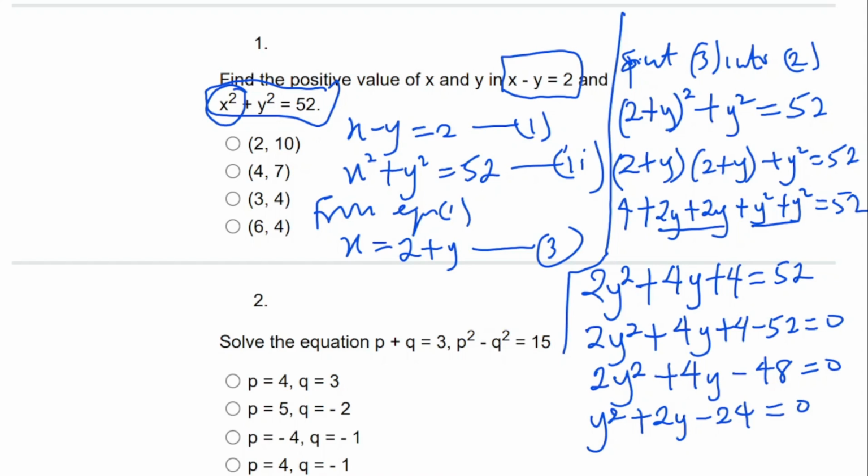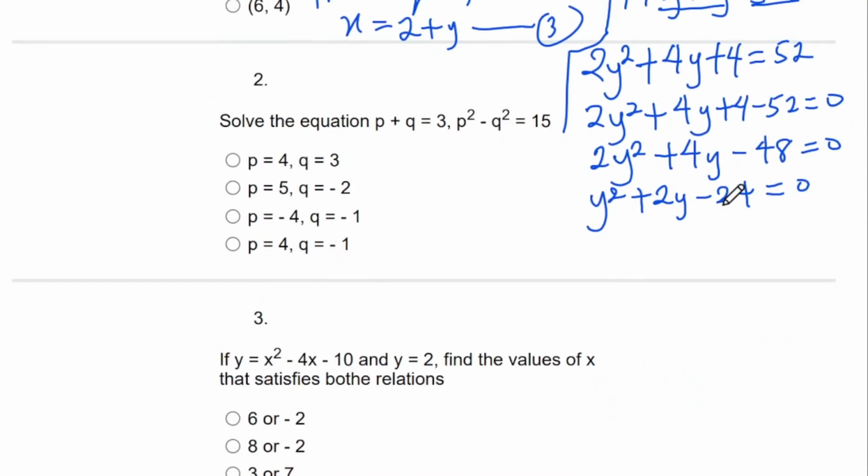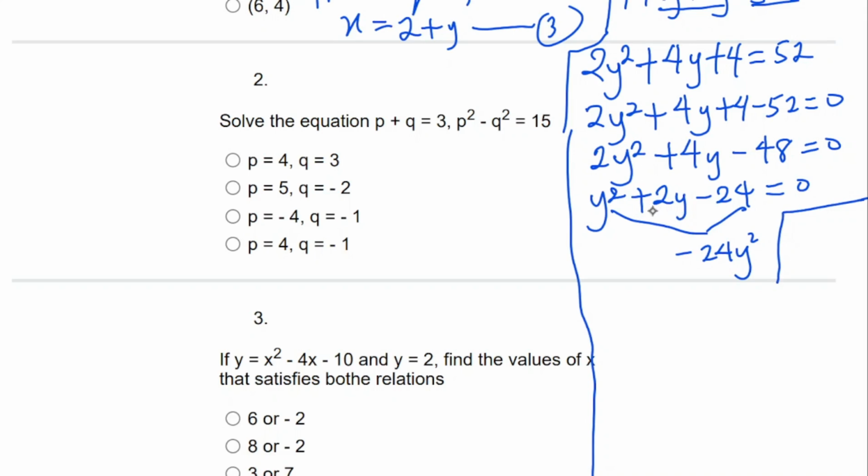So how do we factorize this? That is another question. To factorize this now, we're going to multiply this by this. We've done that already before. That gives you minus 24y squared. So we need to look for two numbers that give us this. We have 6 times 4 gives us 24, right?